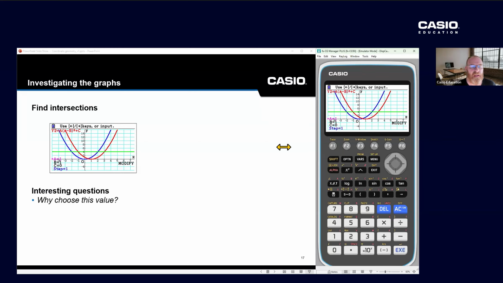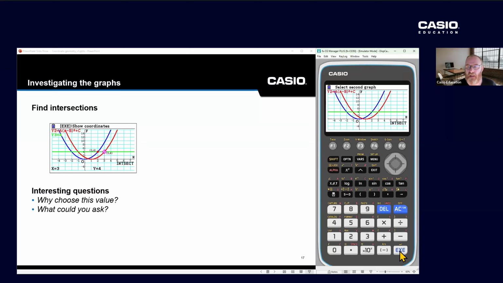If you exit away from modify, you're actually in draw mode. You can't analyze whilst you're in modify mode, so you do need to exit, and then we can shift and G-solve so that we can find some intersections. Because we have 3 functions drawn, need to choose which 2 that you want to analyze. So we've got our original x squared.